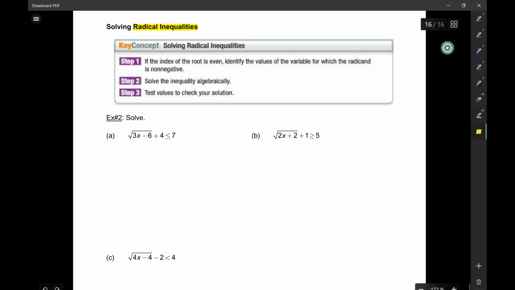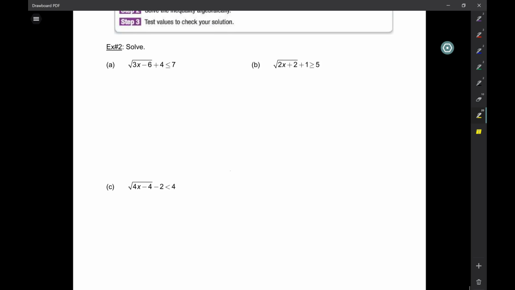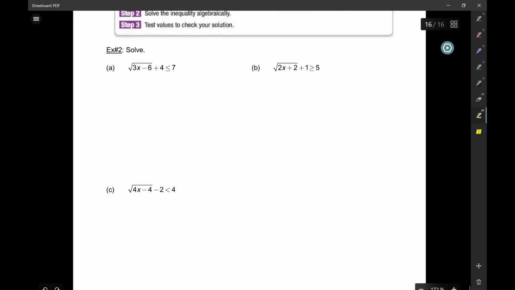If the index of the root is even, identify the values for which the radicand is non-negative. So there is one extra step that we're going to add. For now, let's solve this as if it was a regular old equality like we were solving here.